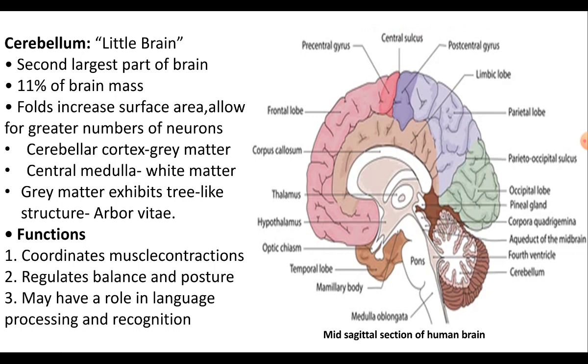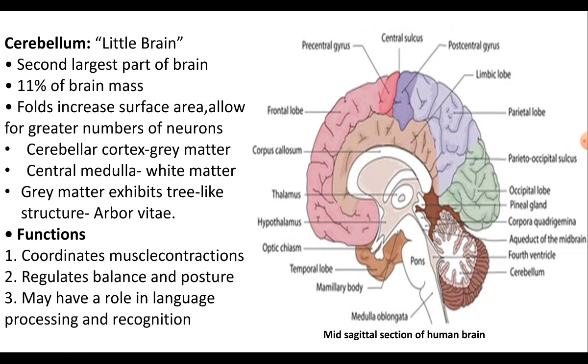The outer region is called the cerebellar cortex, and it is the gray matter, that is, it is composed of the cell bodies of the neurons, and the center medulla, which is composed of the white matter. This white matter exhibits branching or tree-like structures, and this is known as the arbor vitae.